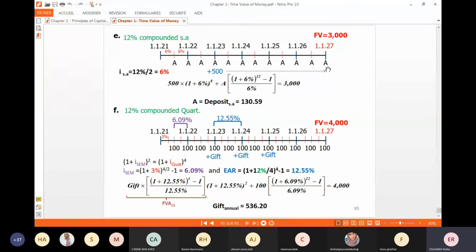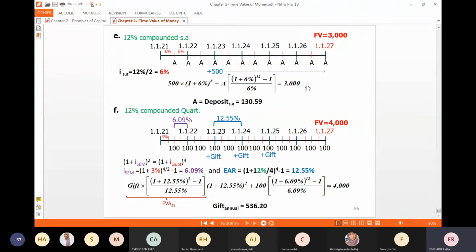And the future value of an ordinary annuity, we have A times 1 plus the interest rate power the number of A's minus 1 over I. The number of A's, N, is known, 12. Now the dilemma here is, what is the accurate interest rate to use in this formula? It's very important what I'm explaining here.